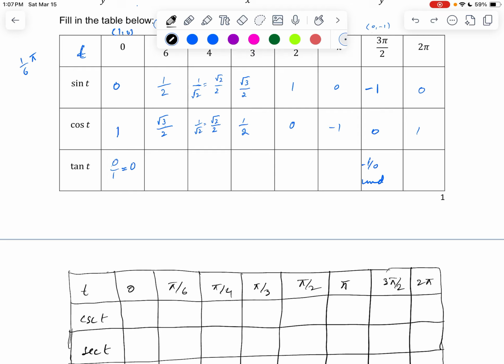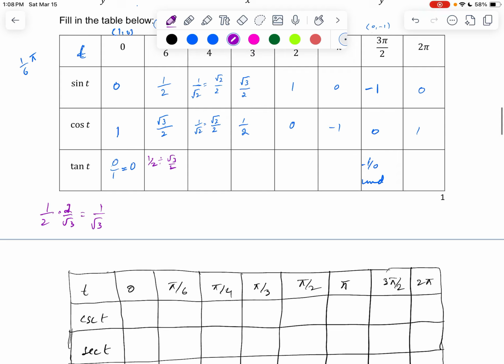So our y is this sine value, since sine of t is y, so we will have 1/2 divided by square root of 3 over 2. If you do it on the side, 1/2 multiplied by 2 over square root of 3 gives me 1 over square root of 3.